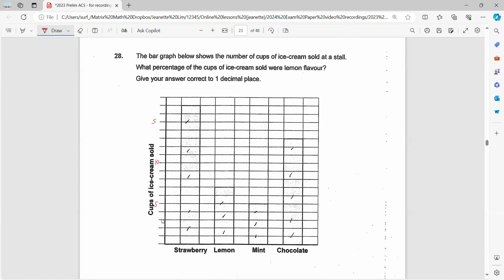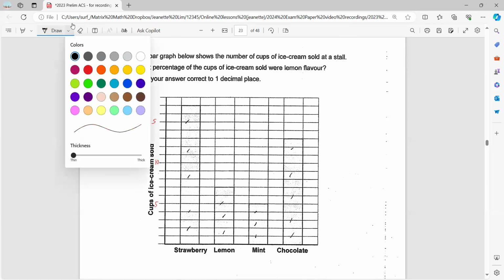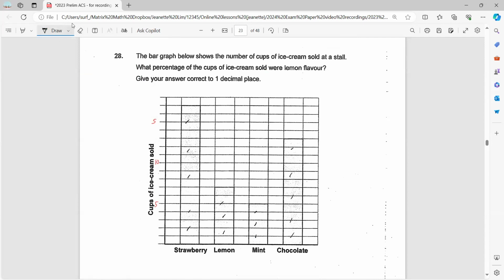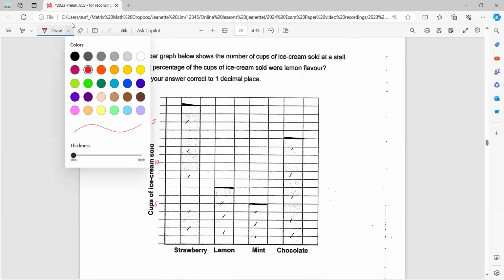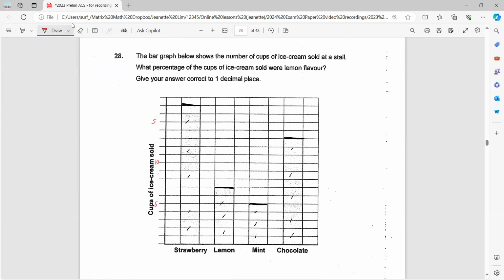It's not very clear here, but this is the top, this is the top, and here. Strawberry is, sorry, this is 15. Strawberry is 17 units. Lemon 7 units.